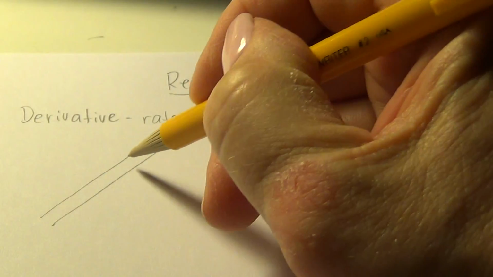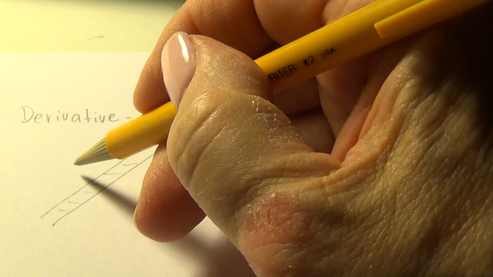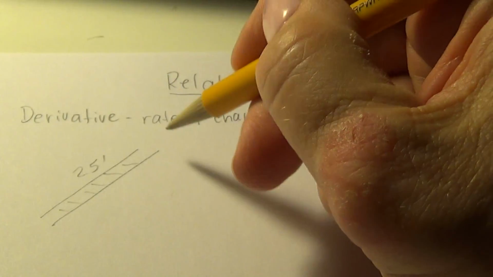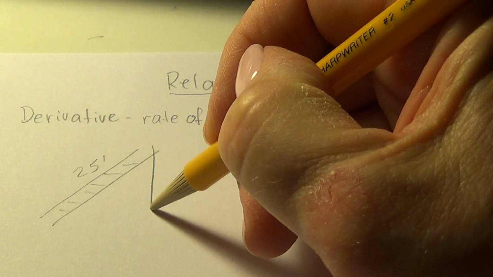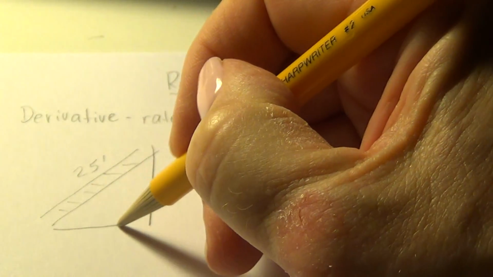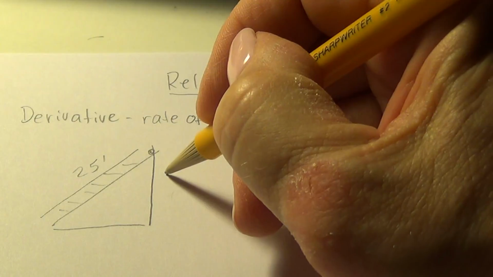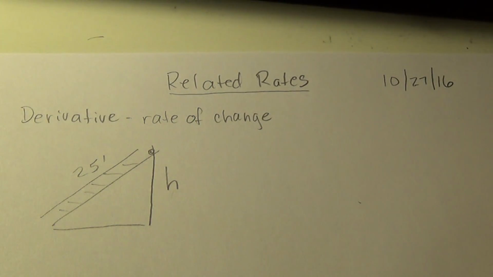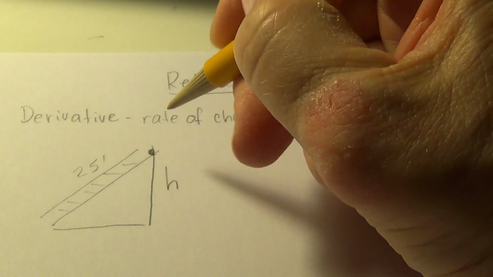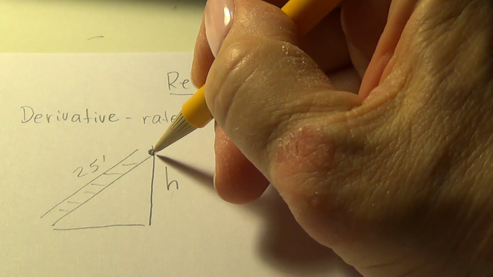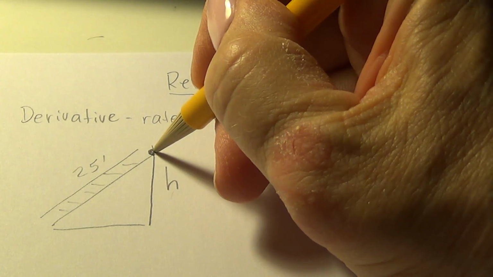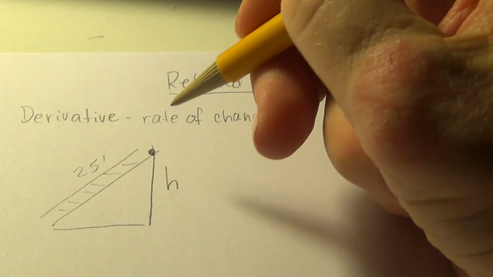You have a ladder, and it is 25 feet long, and it's leaning against a building, and it's given a certain height. I'll call it h, not for hypotenuse, but height. So it's hitting the building there, so the height that the ladder makes with the side of the building is right there.